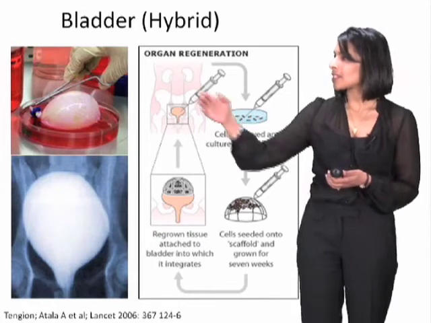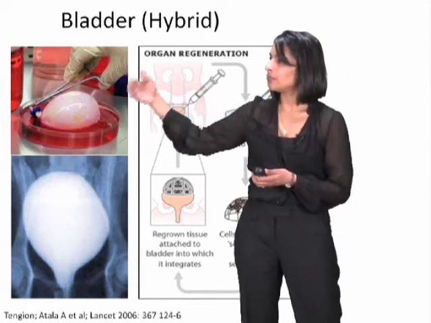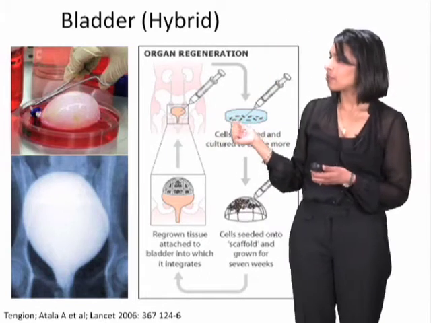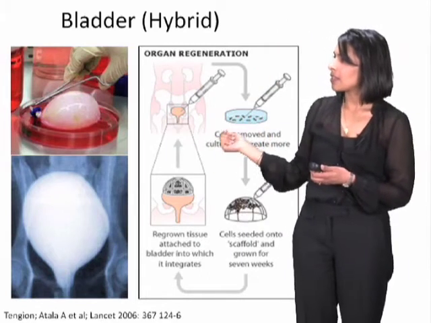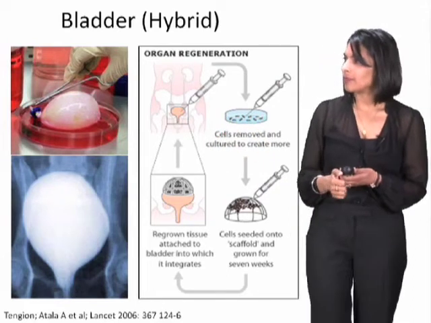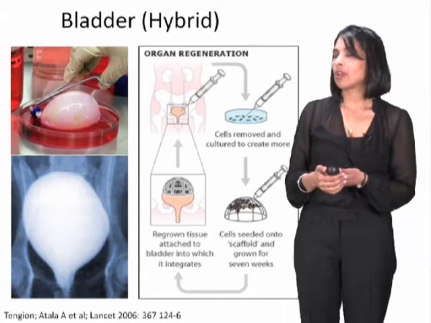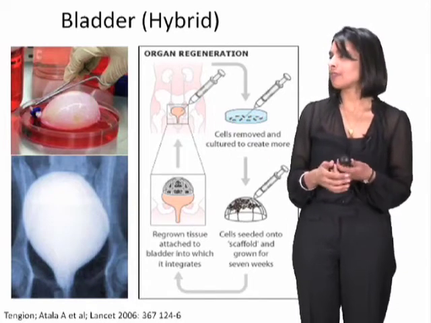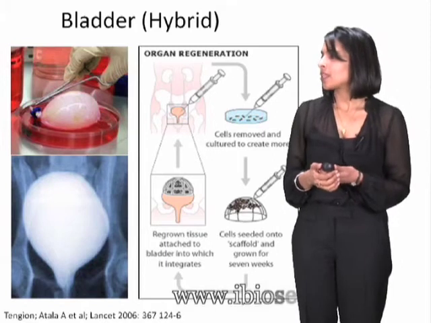And this plastic was cast in the shape of a balloon structure that you see here. On the inside of this balloon, lining cells from the bladder were seeded. And on the outside of the balloon, muscular cells that are important for bladder function, for the contraction of the bladder, were seeded.